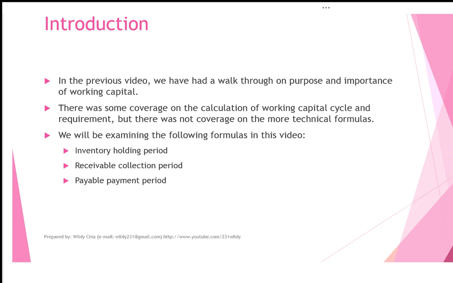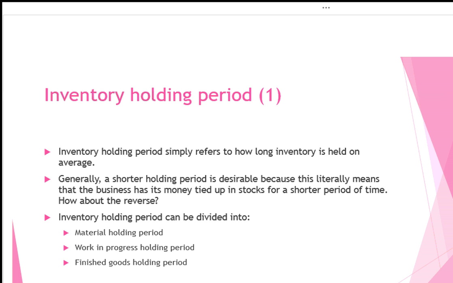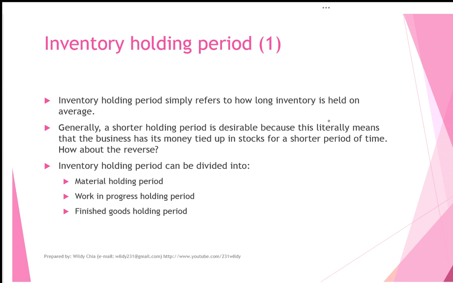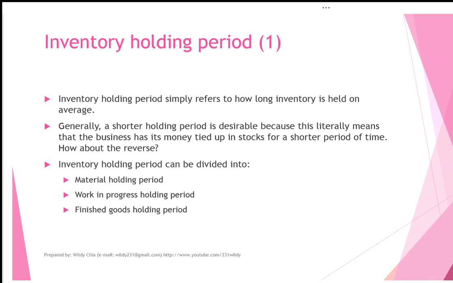Our walkthrough in the previous video covered the importance and the purpose of working capital. Our focus in this video is to find out exactly how we calculate the inventory holding period, the receivable collection period, and lastly the payable payment period. The calculation is fairly straightforward. Now, what do we mean by inventory holding period?